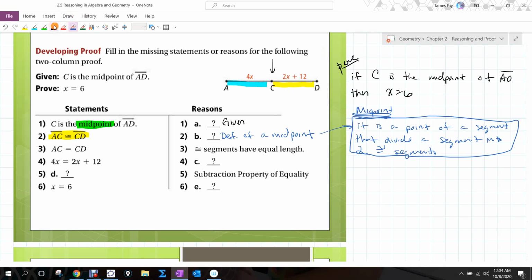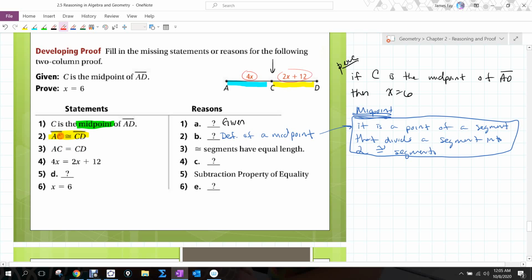One thing that they like to do, because we're going to start doing substitution and subtraction and just doing algebra with segments and angles: we can't do algebra with actual shapes. We can only do algebra with numerical values. So right now these are shapes. We need to start talking about their distances or their lengths.